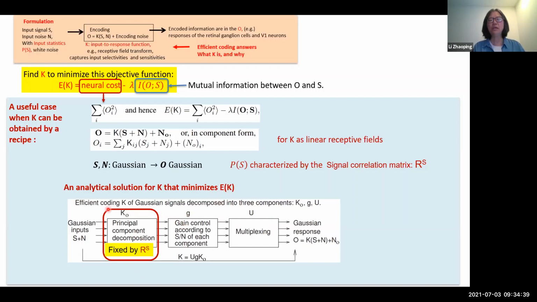Now, in the neural system, you don't actually do this first step, second step, third step, okay? In the neural system, you can do it in one step, which is a multiplication of the 3 steps together, a cascade. Or you can do it in 10 steps. It doesn't matter, because every step is a linear operation. You can combine the 10-step linear operation as one operation, or you can separate it into n steps as you like. As we know in retina, we go from photoreceptors to bipolar to horizontal to amacrine cells.